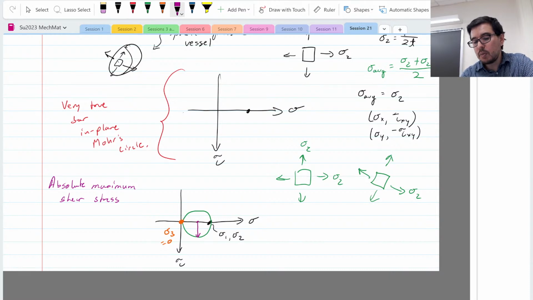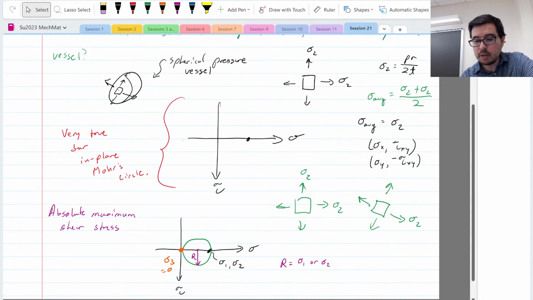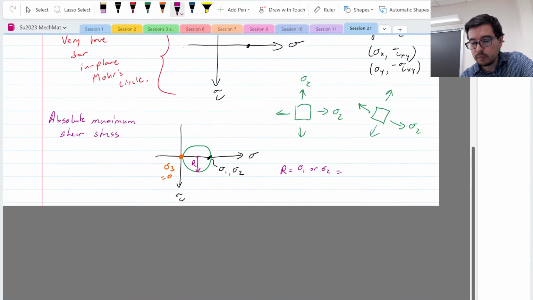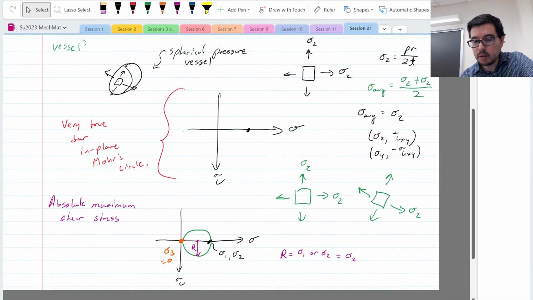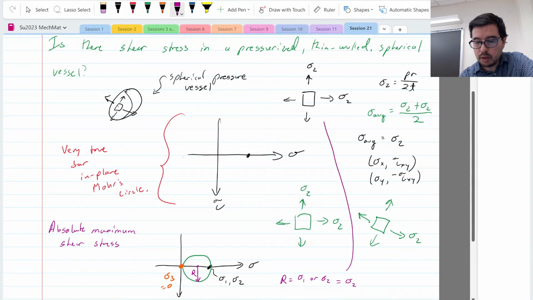There are a couple of different ways to figure out the radius, but essentially it is going to be equal to sigma 1 or sigma 2, which is just, in this case, sigma 2, that we described all the way back up here.